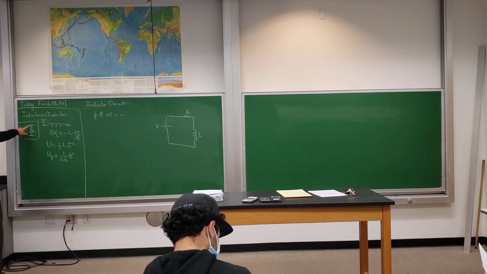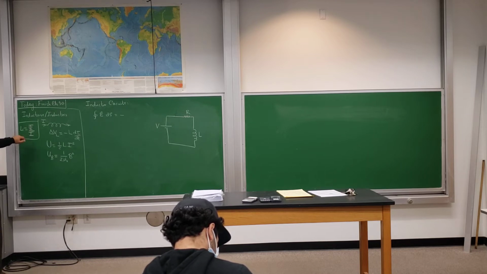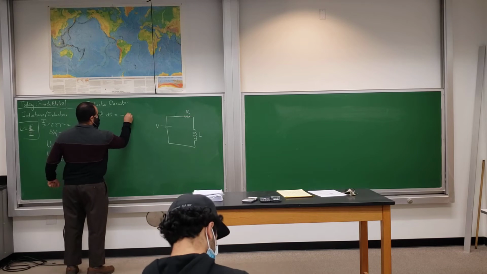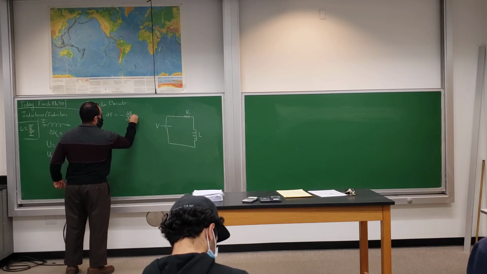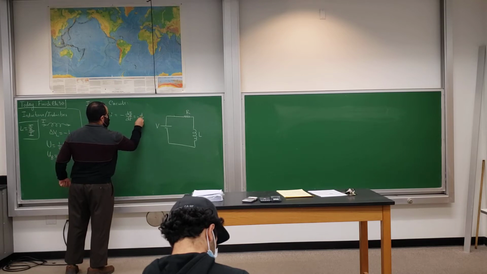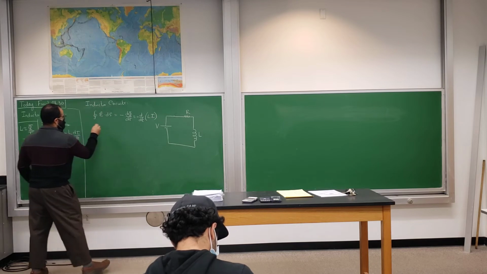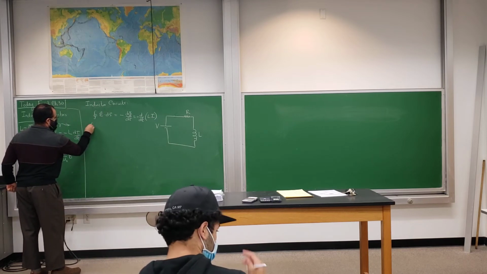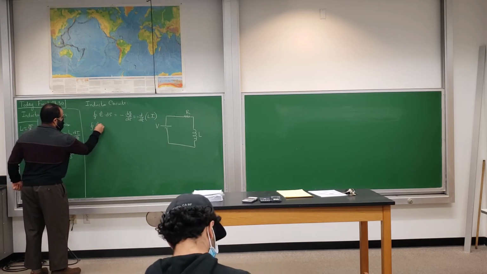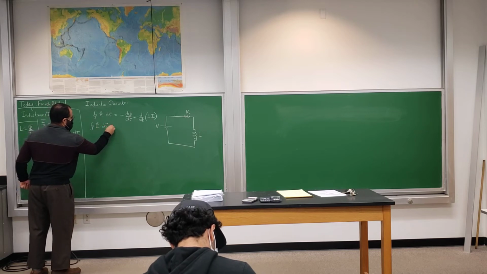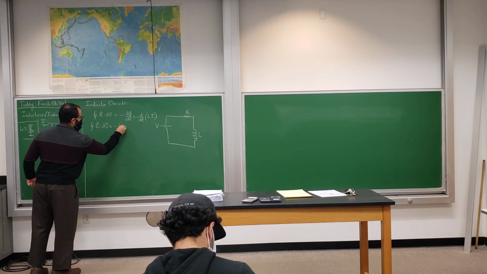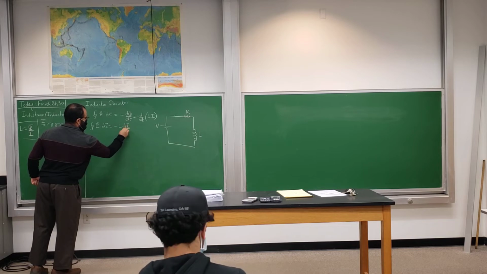So the flux would be L i. So it's minus d dt of L times I. And so you get the integral of E dot ds will equal minus L di dt.